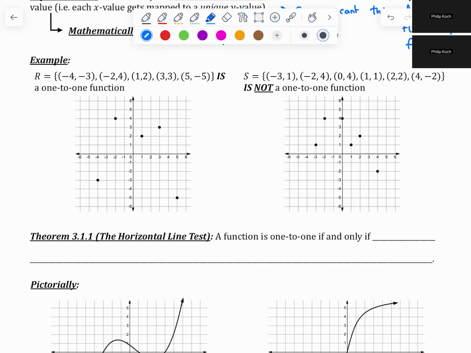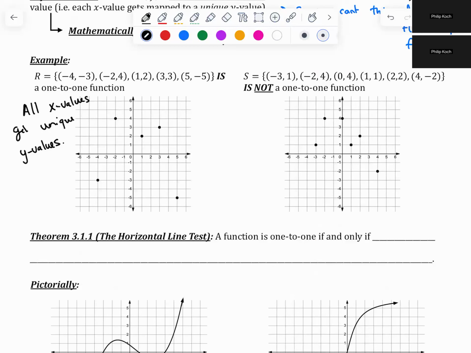And you see that all x values get unique y values, so there's no repeats of y values.